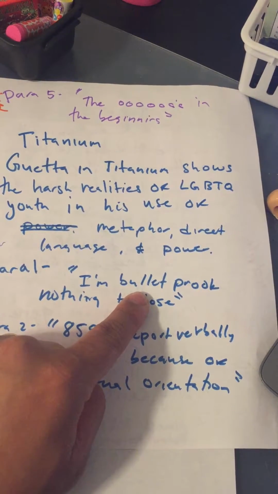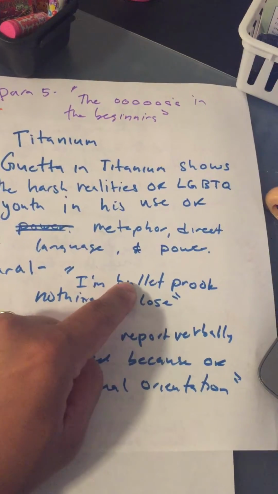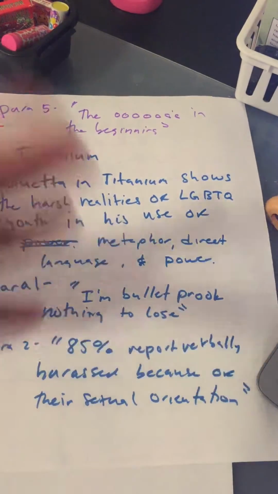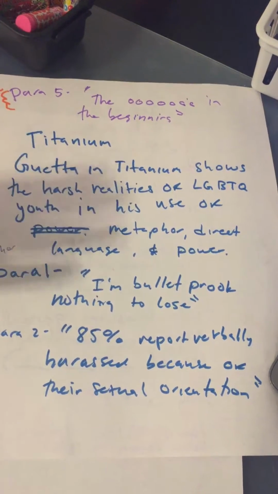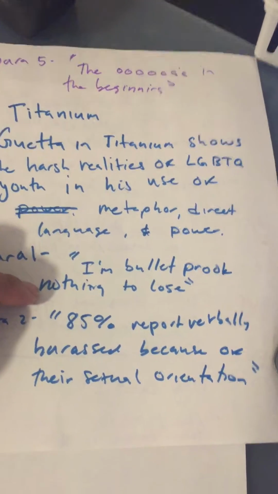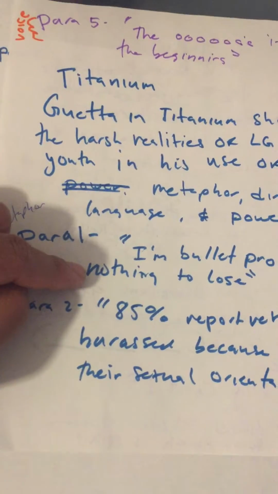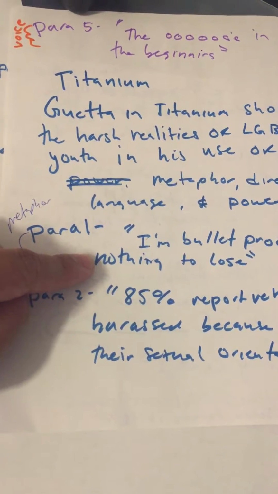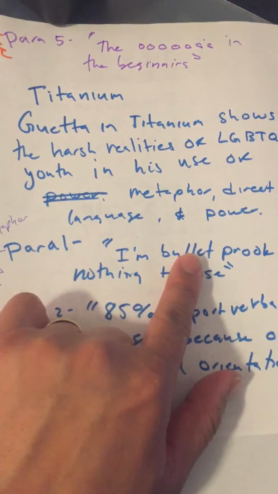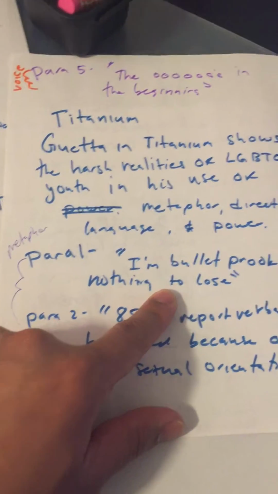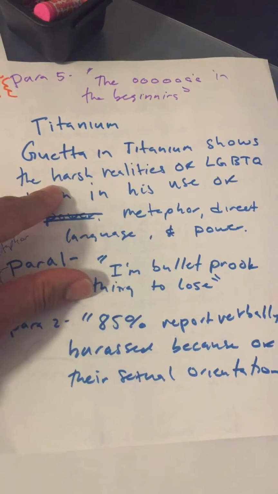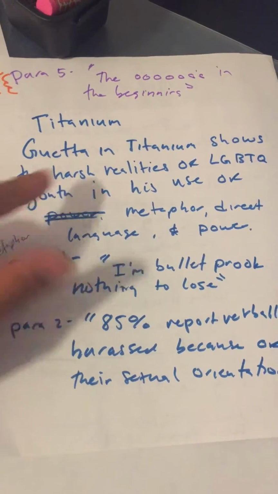And so they feel like all of the bad things that are said, which are the bullets, just do nothing, right? They just bounce off them or they get absorbed, and there's nothing to lose because it's an everyday occasion. And so this metaphor of being bulletproof, nothing to lose, demonstrates the harsh realities of being an LGBTQ youth, right?